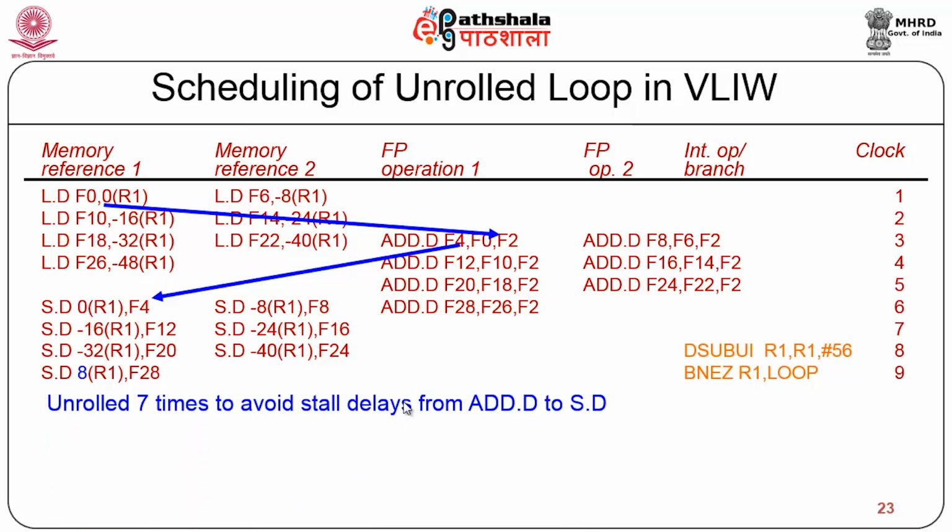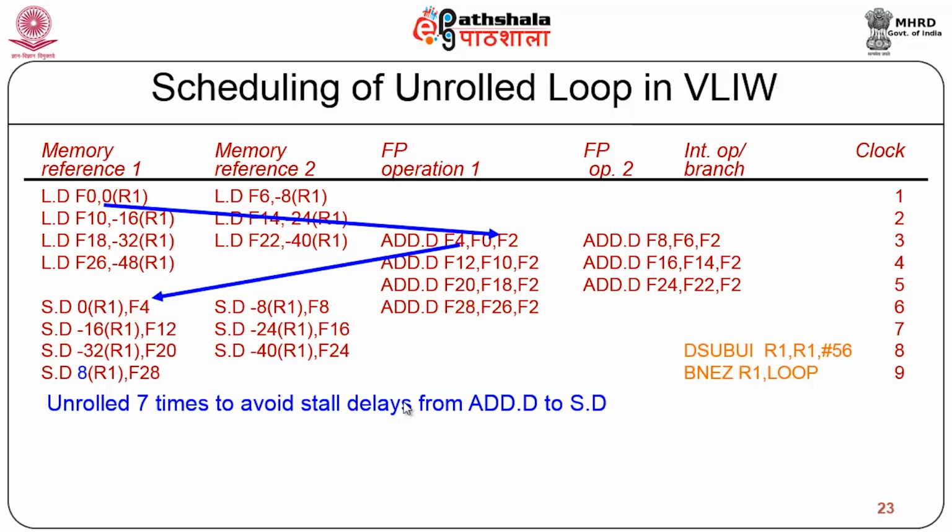To remove that dependency, you push it ahead. So, this is how you do a scheduling. This type of scheduling we are already familiar with. We saw how a loop can be unrolled and scheduled for a single issue processor.